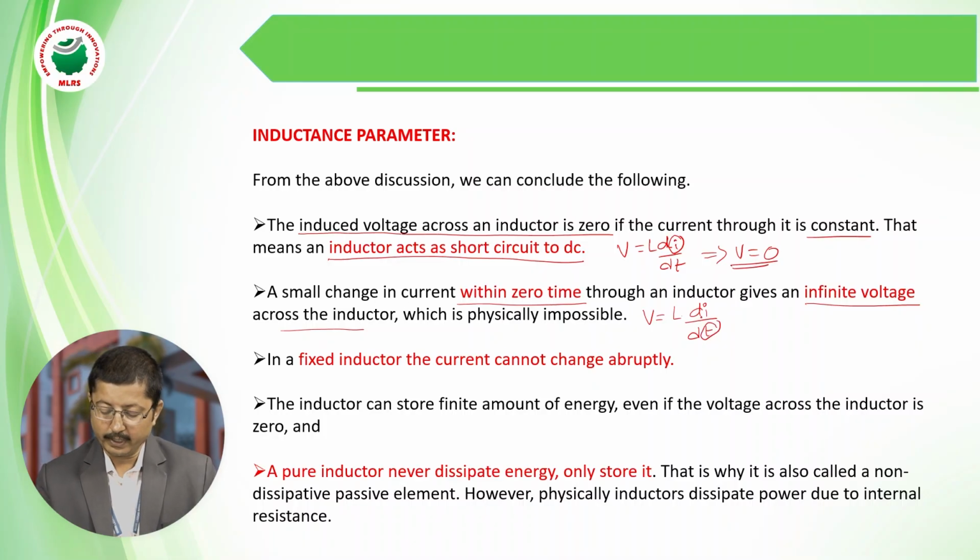Within 0 time means t equals 0, so we get infinite voltage across this inductor. Physically this is impossible. That's why the current in a fixed inductor cannot change abruptly.